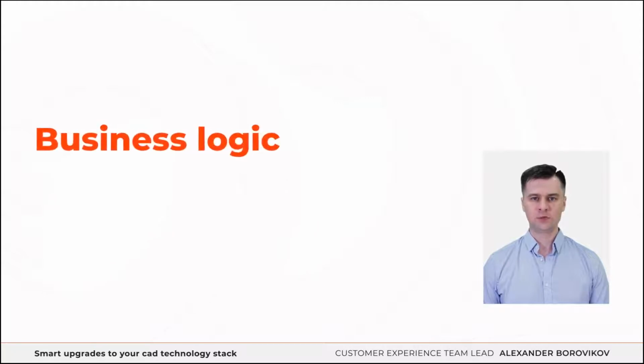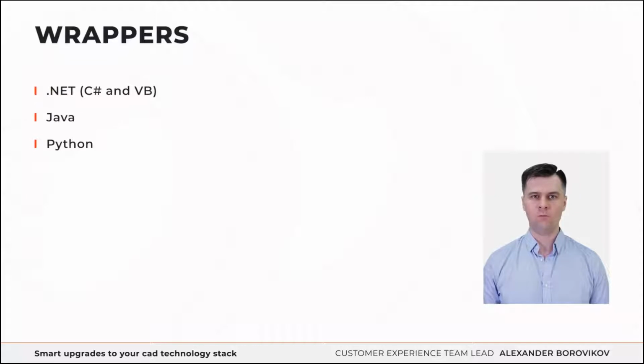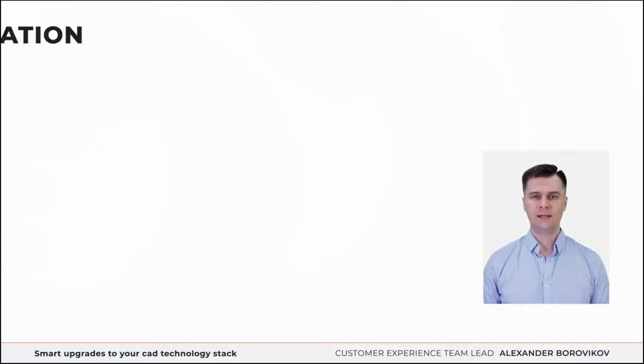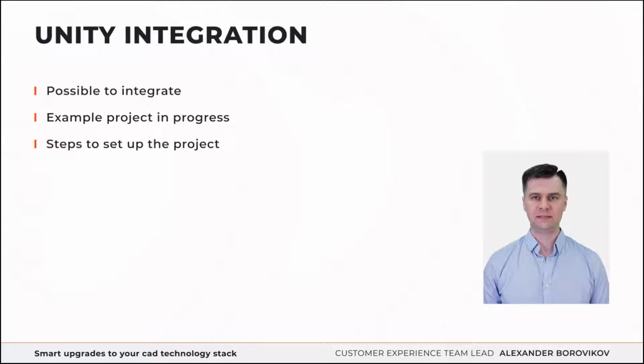Now, let us switch to the business logic block. And here, the question of what programming language to choose for implementation is of importance. ODE SDKs are implemented in cross-platform C++, but we provide wrappers for .NET, Java, and Python. This opens up possibilities for using additional tools or frameworks.